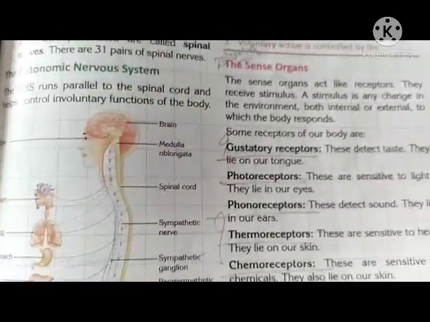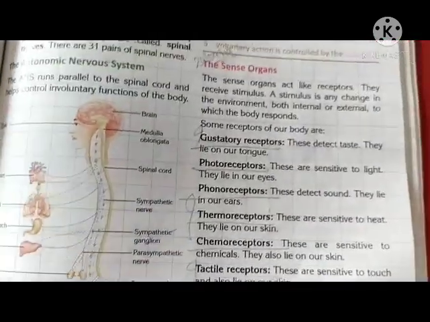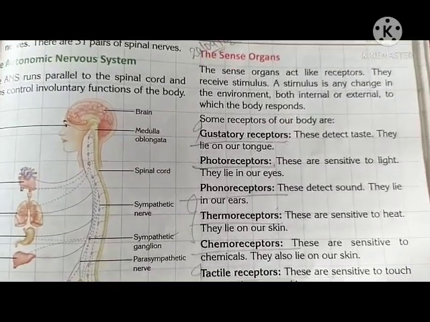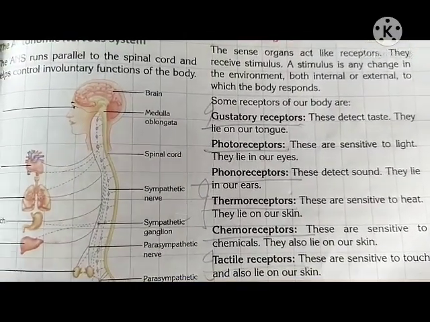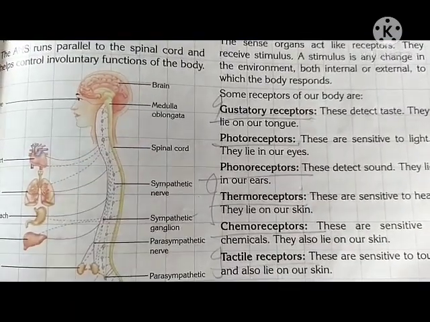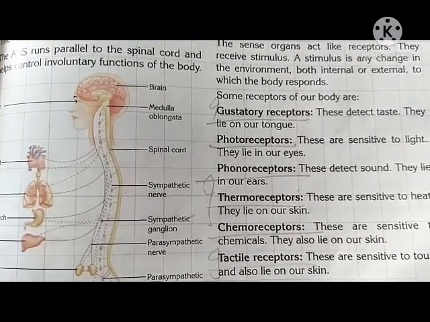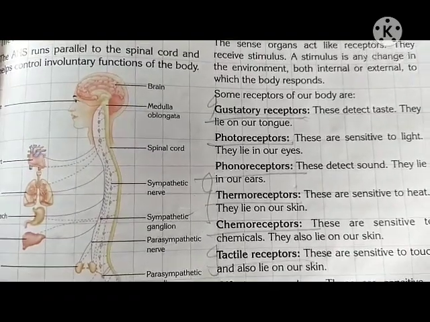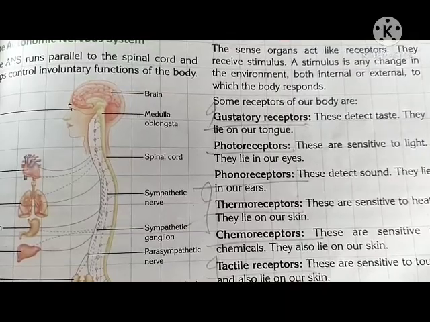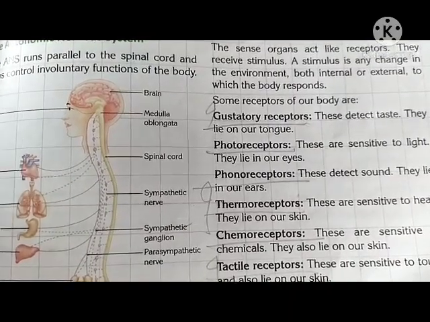Now the next topic is the sense organs. You also know that the total number of sense organs present inside our body is 5: eyes, nose, tongue, skin and ear.